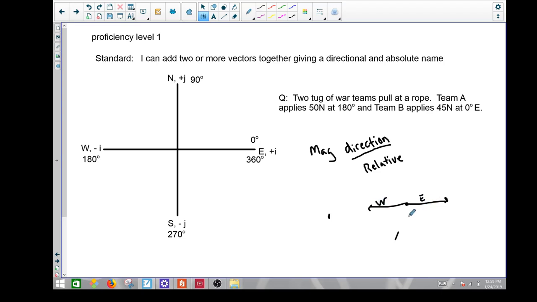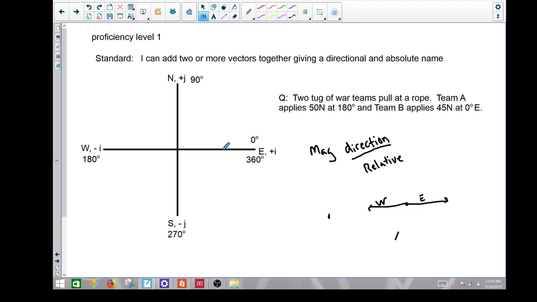In this situation, Team A pulls 50 newtons at 180 degrees. Whenever we're dealing with absolute, this is a good example of absolute: everything's based off east.